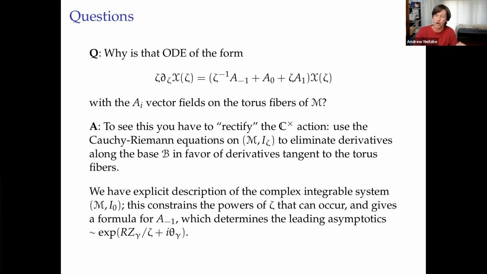And in fact, because you also have a kind of explicit description of what the space looks like in complex structure 0, that's the complex integrable system that you originally started with, that actually gives you a formula for what A-1 and A1 will be. And that's what determines the shape of the leading asymptotics.